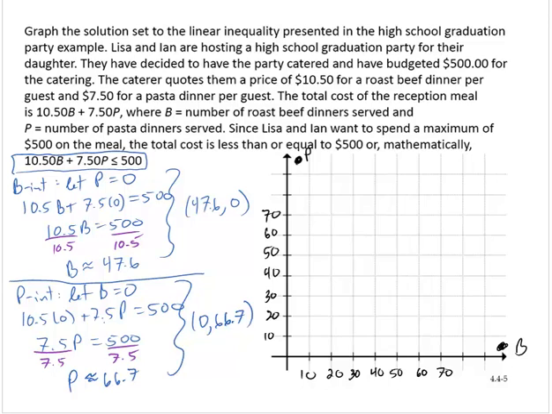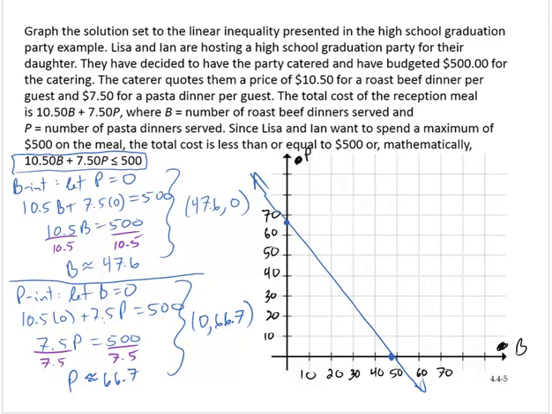I have 47.6, so that's about here. And I have 0, 66.7, so that's about here. And I will draw a solid line through the points. Alright, so we have that.